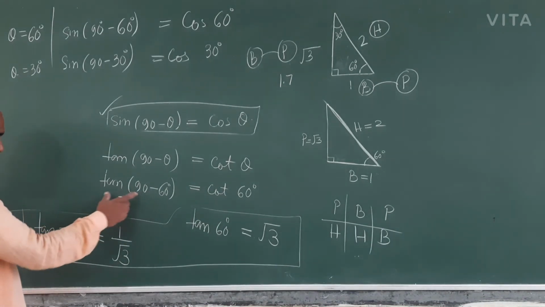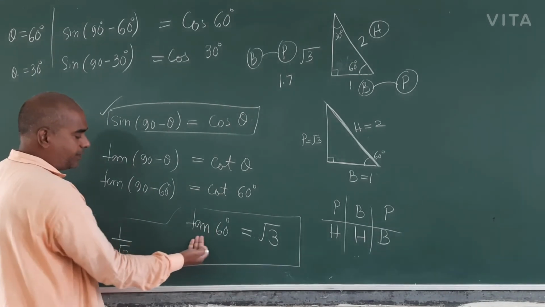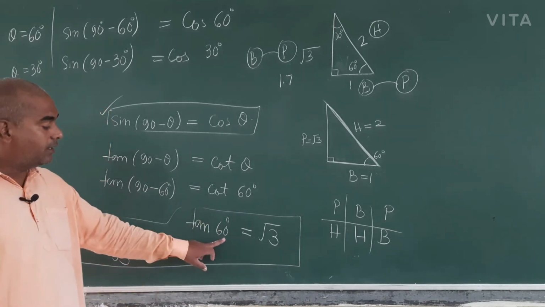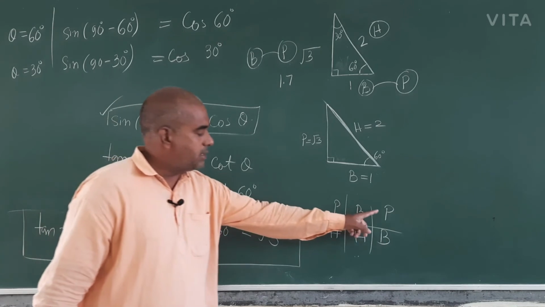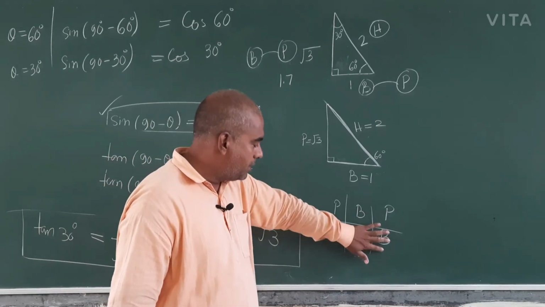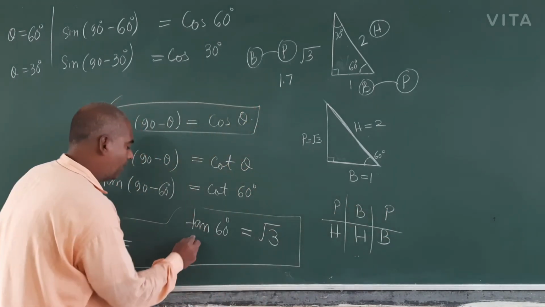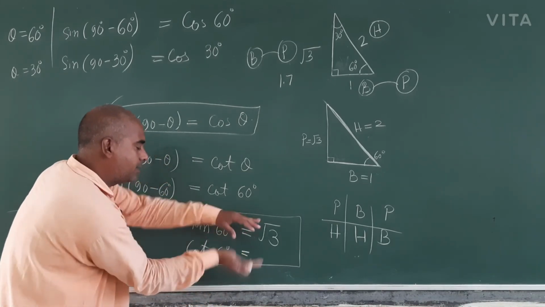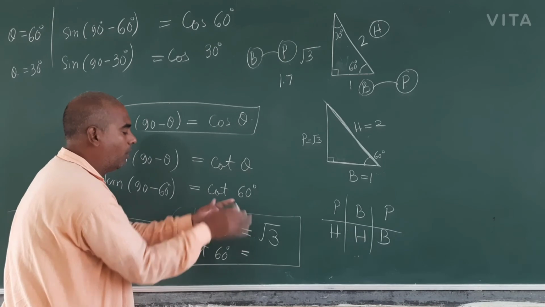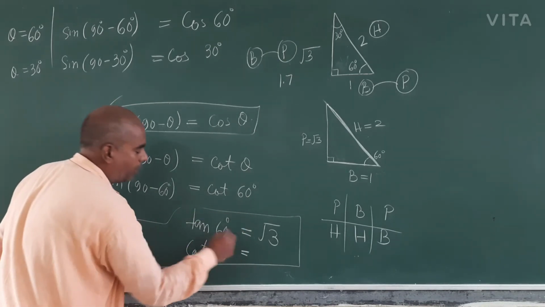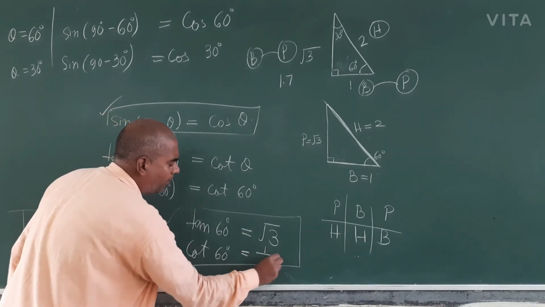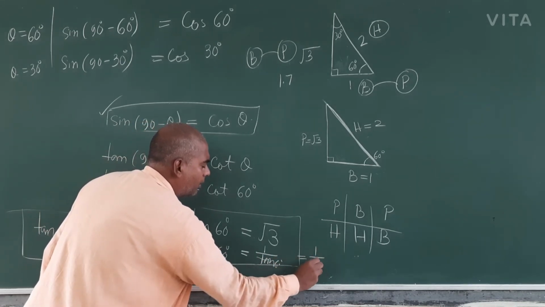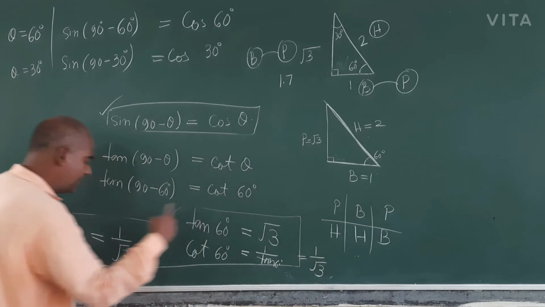So actually, if this is tan 60 degree, what will be cot 60? Because tan is perpendicular by base, cot is just the inverse of that. Cot 60 is equal to the inverse, 1 upon tan 60, and that will be 1 upon root 3, which is equal to this.